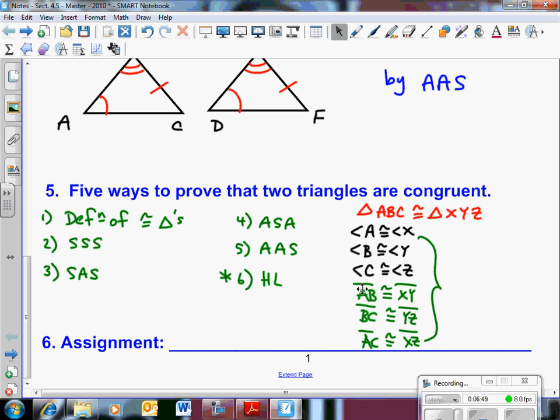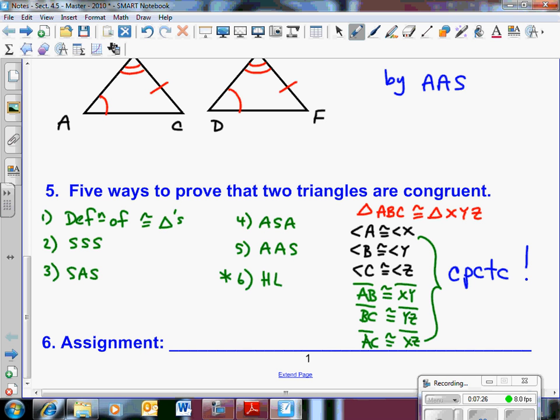can you tell me why? It's on your blue sheet. CPCTC. Once you've identified that two triangles are congruent to each other, then all of their corresponding parts are congruent to each other by the acronym corresponding parts of congruent triangles are congruent, which we shortcut to say CPCTC.